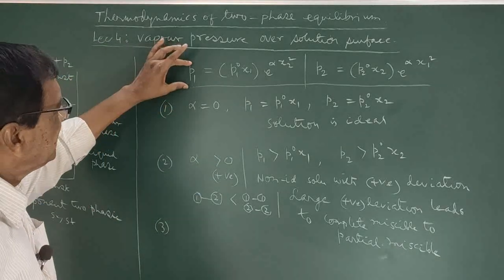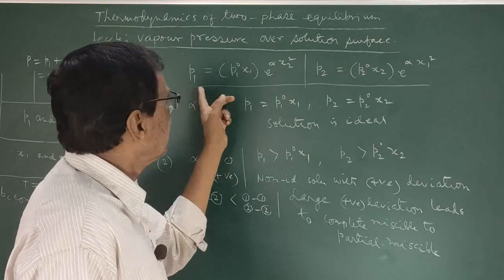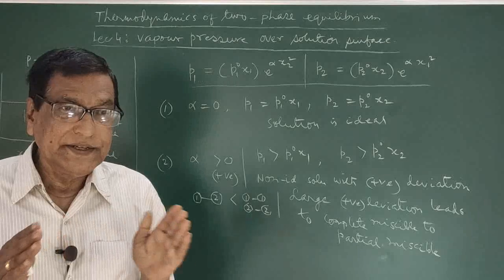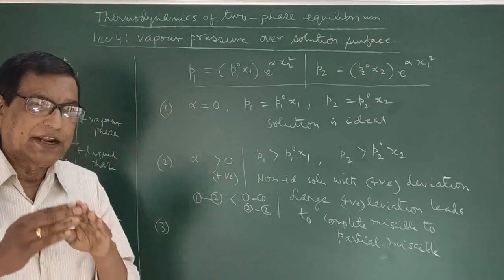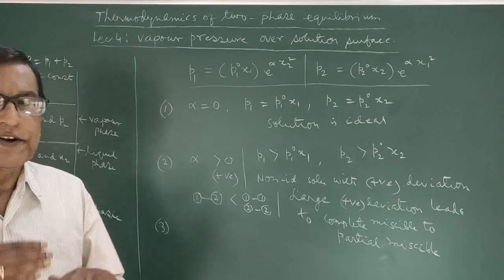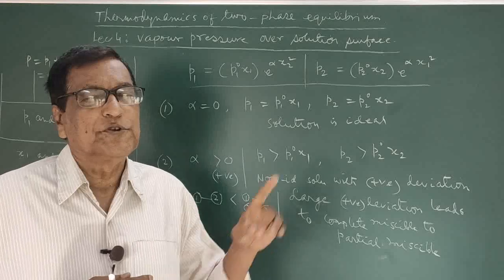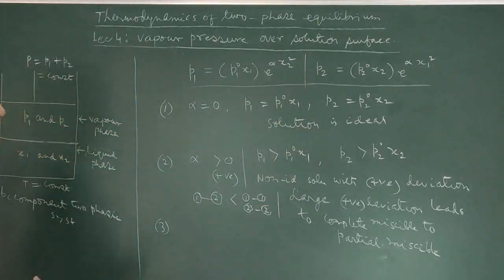Since P1 depends on x2 and P2 depends on x1, both the components are interdependent, meaning the effect, activity or escaping tendency of one component depends on the composition of the other component. So alpha may be equal to 0 or may not be equal to 0.